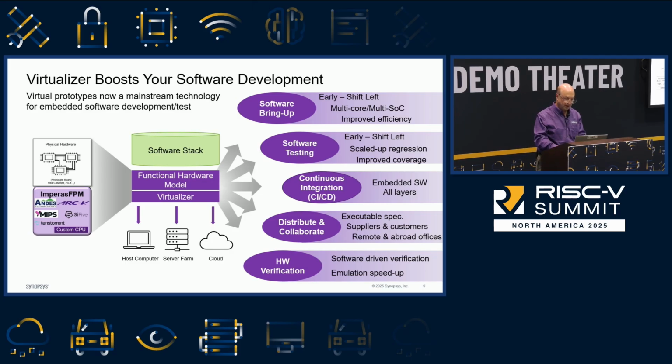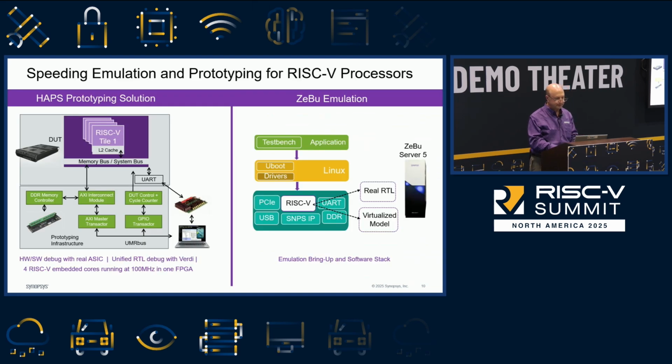And it can also help on the hardware verification side, and it works with HAPS and ZeBu in a hybrid mode. And so that's the last piece on the tool side, these hardware platforms: HAPS, the FPGA prototyping solution, and ZeBu, the hardware emulation solution. These are tools that have matured, they've been around, and we've got customers using these for RISC-V hardware verification and software development.